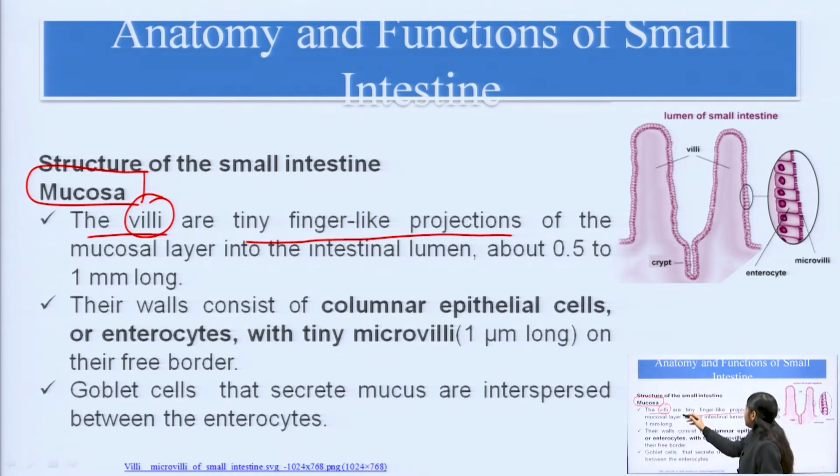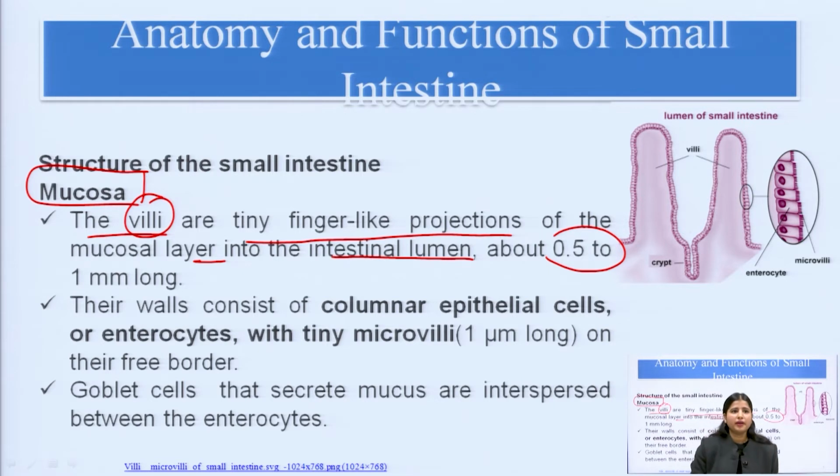The villi are tiny finger-like projections of the mucosal layer into the intestinal lumen, nearly 0.5 to 1 mm in length. The walls of these villi consist of columnar epithelial cells, or enterocytes.